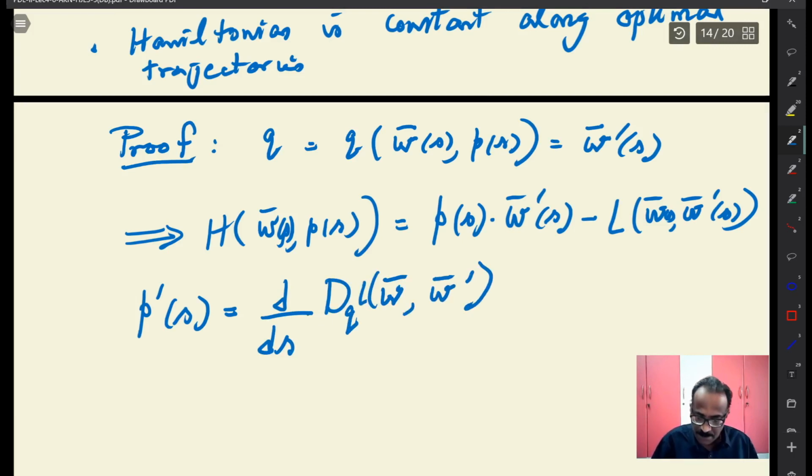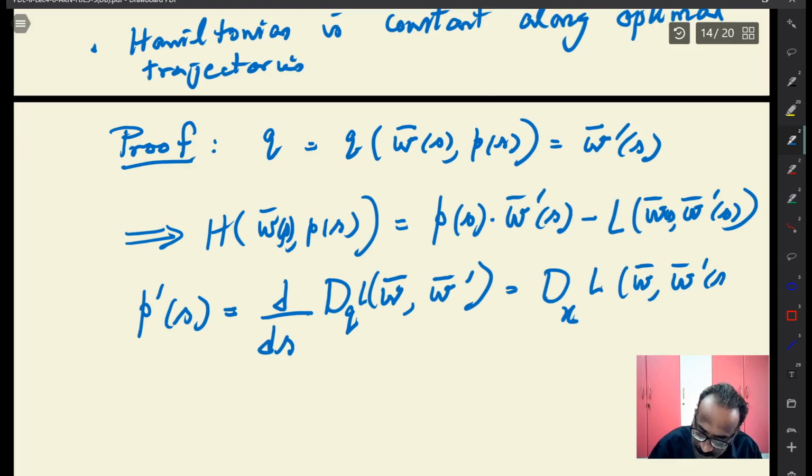But then from the Euler-Lagrange equations, this is nothing but dx. So you see, you already have your Euler-Lagrange equation, W bar prime of S.